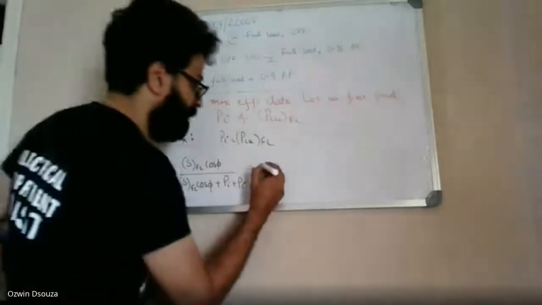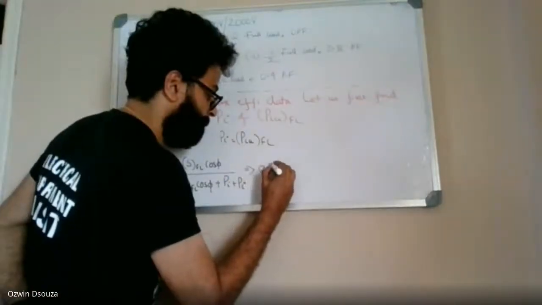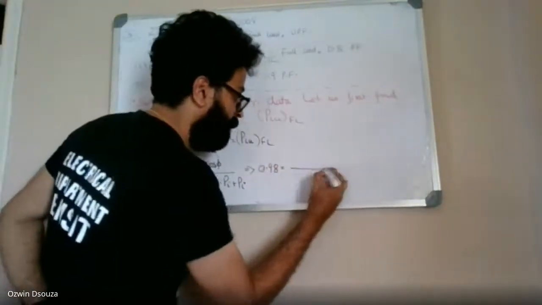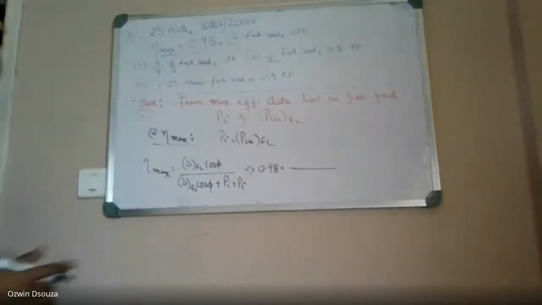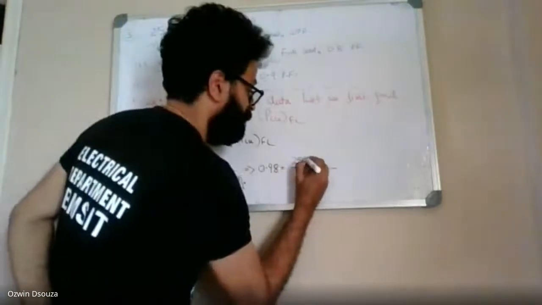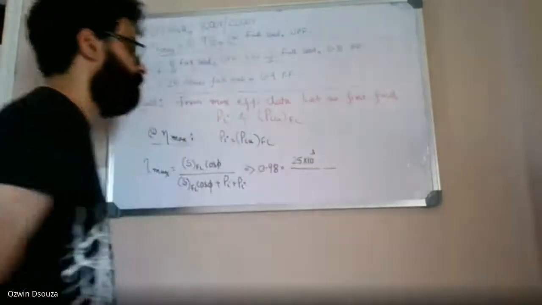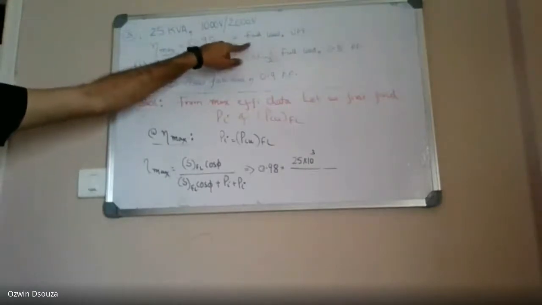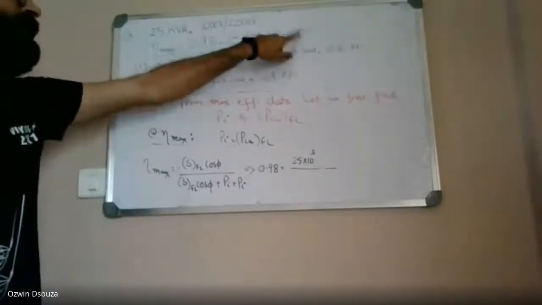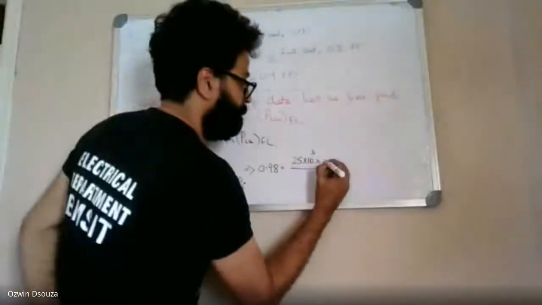Okay, so what is eta max? It is 0.9, which is equal to full load. Full load value is 25 kVA, so 25 into 10 to the power 3. It is happening at full load, so UPF is 1.